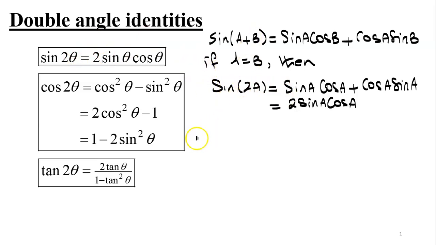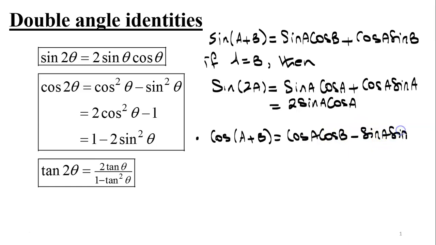And similarly, if I were to determine the double angle identity of cosine 2 theta or cosine 2a, referring back to the compound angle identity of cosine, which is cosine a cosine b minus sine a sine b.